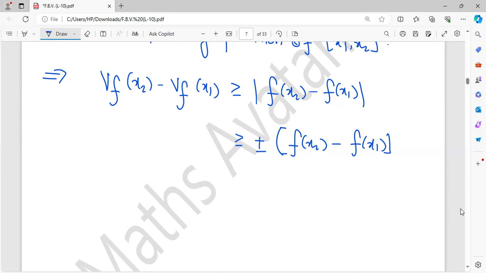So we have this one. Let's call it equation number 1.